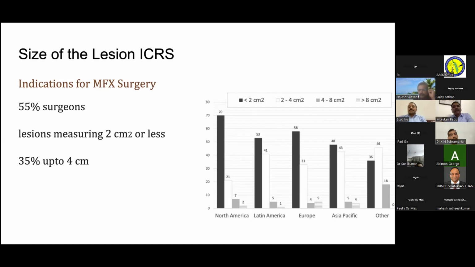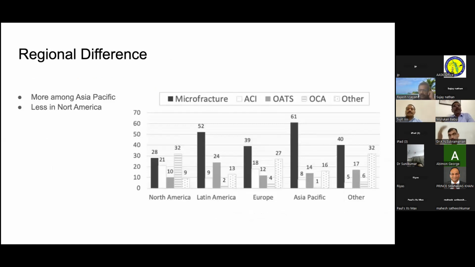In North America, most of them do microfracture only for lesions less than 2 centimeters square, and in the Asia Pacific regions almost all lesions up to 4 centimeters square are being treated by microfracture. This is the regional difference. In Asia Pacific, that is the fourth one.